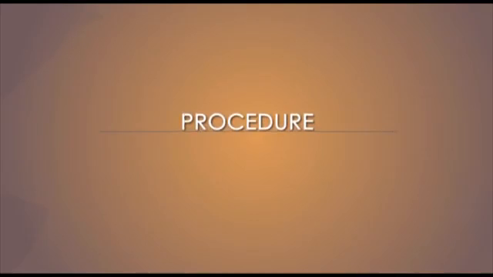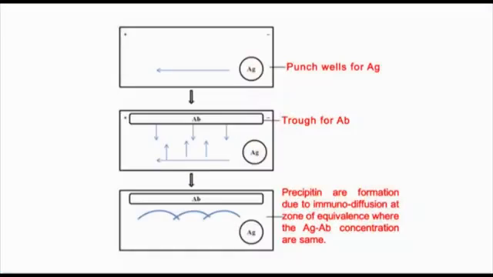The procedure: immunoelectrophoresis involves two distinct and separate steps. In the first step, suitable holes are punched in a buffer agar plate. The holes on the agar plate are filled with antigen, and the proteins of the antigen samples are separated lengthwise through the agar by electrophoresis.